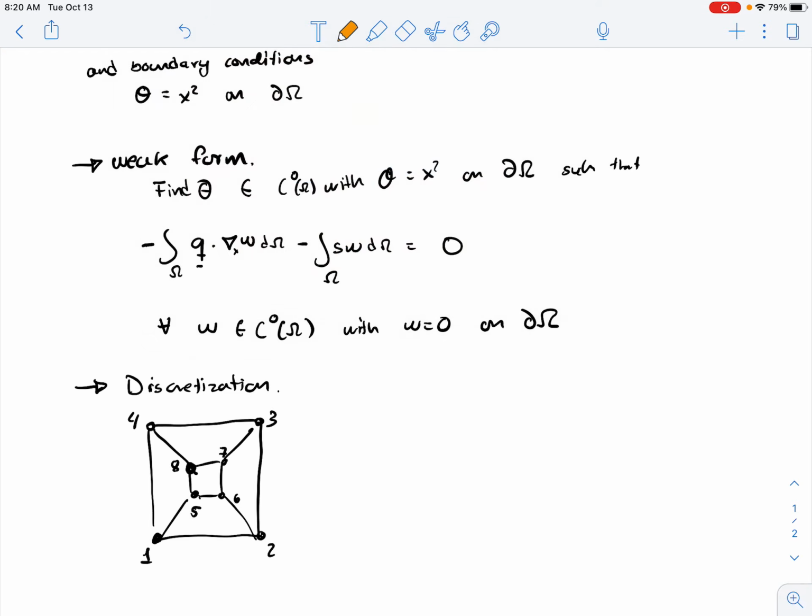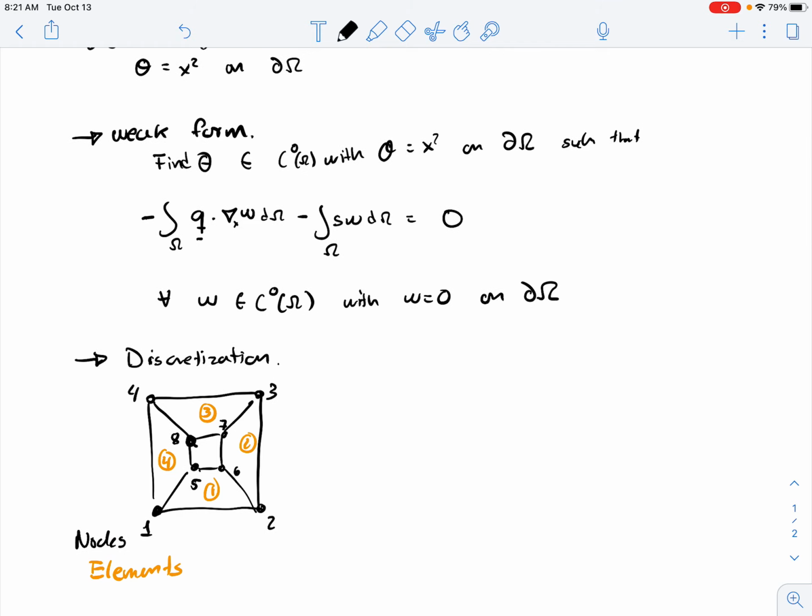So these are my nodes and these are my elements: 1, 2, 3, 4. I'm not going to write it out because it's the same mesh as I used in the previous lecture notes for today. But I discretized it.